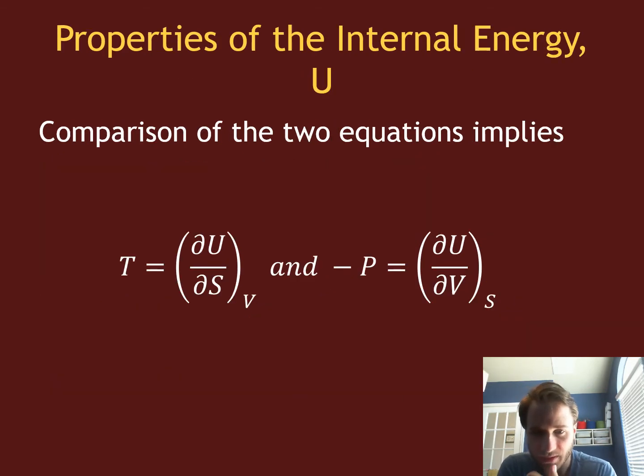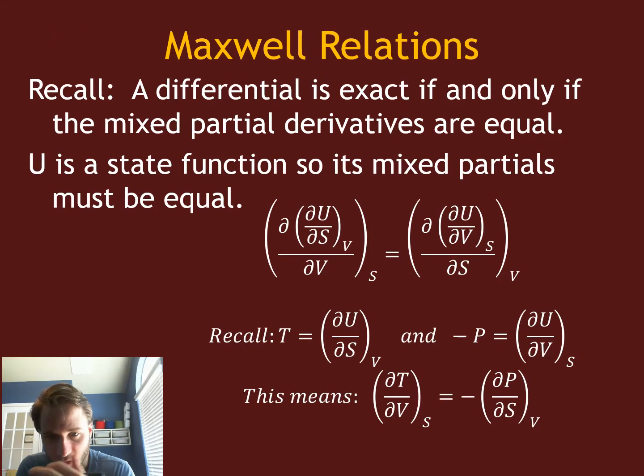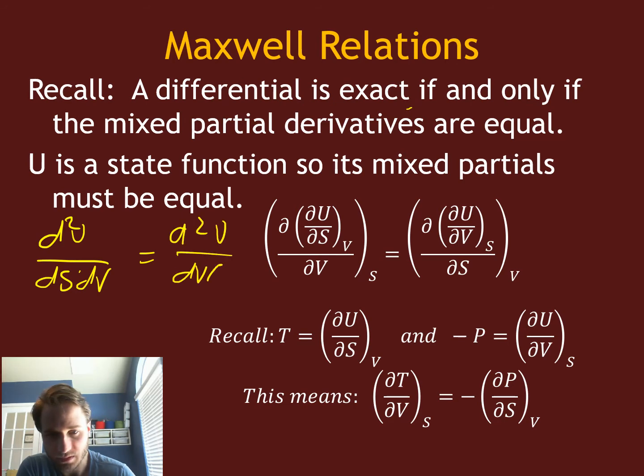Now, U, again, is a state function, and what that means is we have an exact differential, which means that I can take ∂²U/∂S∂V, and that's the same thing as ∂²U/∂V∂S.